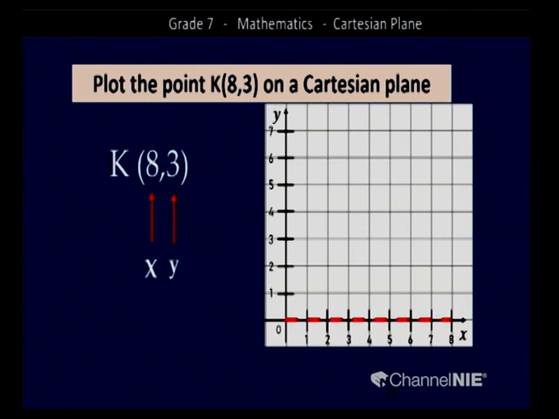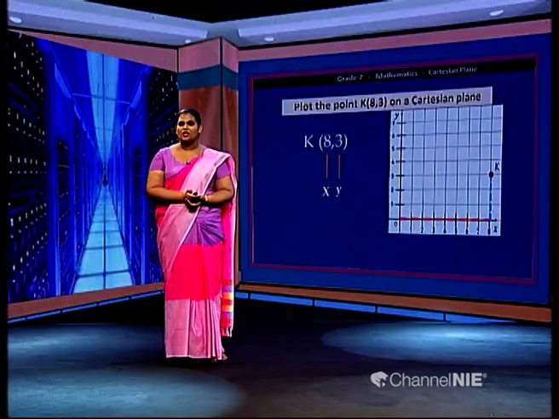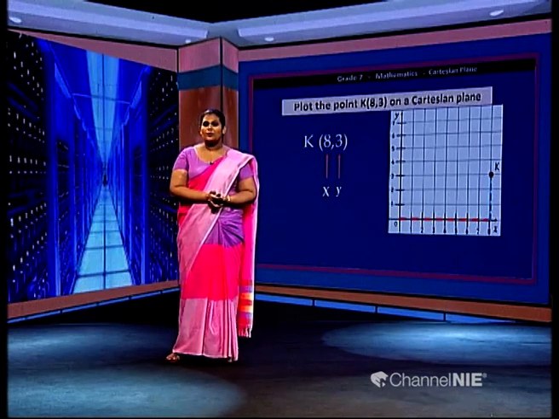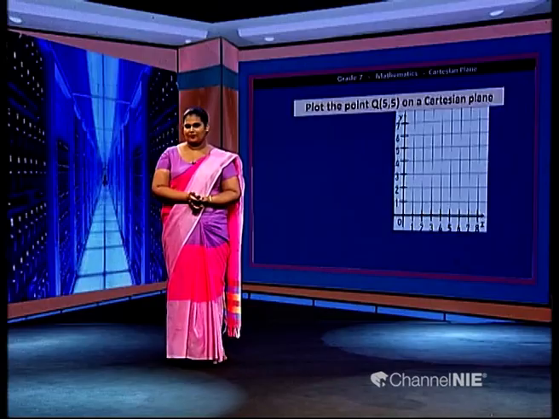Therefore, I am going to move 3 units along the y axis. There I get the point which we have to plot. Then we have to mark the point and name it correctly. So, here we have marked the point K which has the coordinates (8, 3).